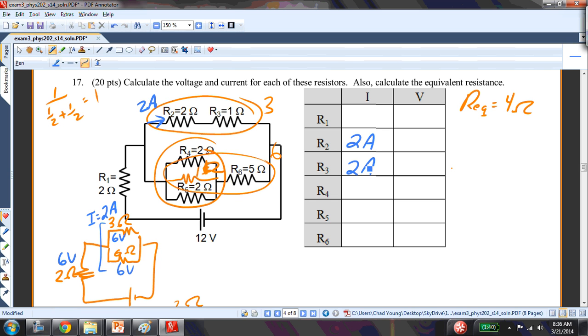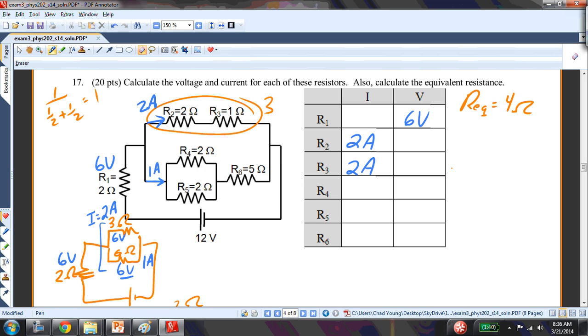All right. I've already said that R1 has 6 volts. Now R4 has 6 volts here, or rather on this 6 ohm resistor I have 6 volts. I have an equivalent of 6 ohms. That means I'm going to have 1 amp. So I have 1 amp coming into this portion of the circuit.